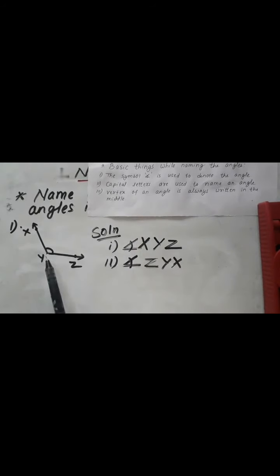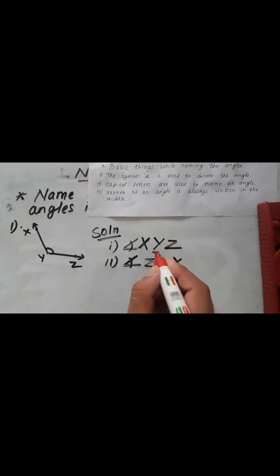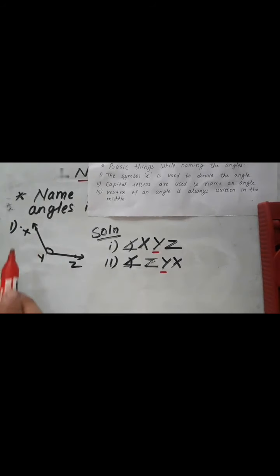So students, here Y is the vertex. You can see Y here is in the middle. Here also you can see Y is in the middle. So the name of this angle is angle XYZ or angle ZYX.